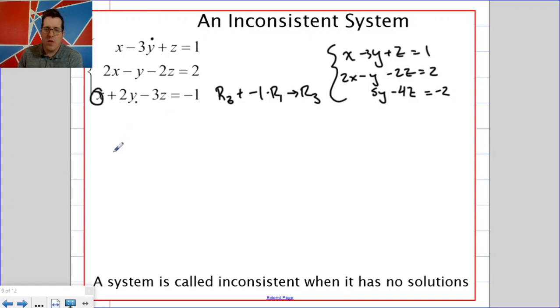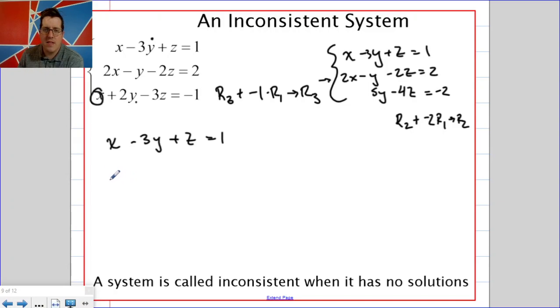The next thing I want to do is I want to eliminate this position. So I know that my first row is still going to be the same because I'm not going to do anything to the first row yet. And to do that, I'm going to do row 2 plus -2 row 1 and put that in row 2.